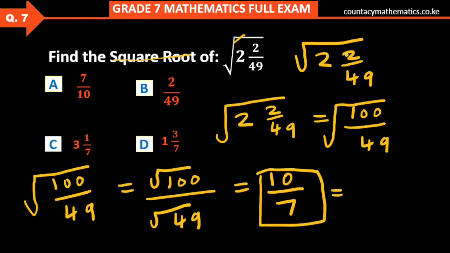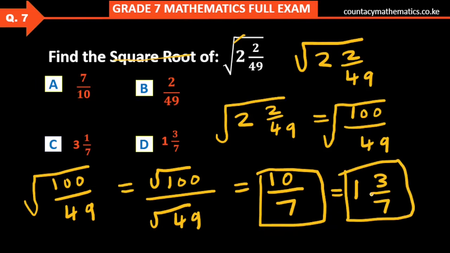But then again, you can see that this was in a combined fraction. Therefore, you should put it in the same format as well. So if we put it into this format, we should know that 7 goes into 10 only one time, and then we remain with 3 over 7. This is an equivalence of this, and that is what you should have.